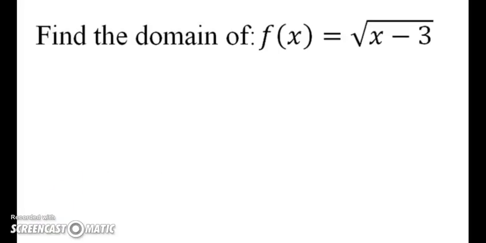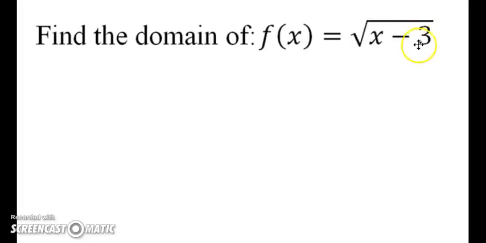Well, now that we know what the domain is in words, what does that mean? If f of x is described as the square root of x minus 3, what would the domain of that be? How would that domain be restricted? I like to say sometimes, what values of x cannot be in the domain? Well, we know that you cannot take the square root of a negative number.